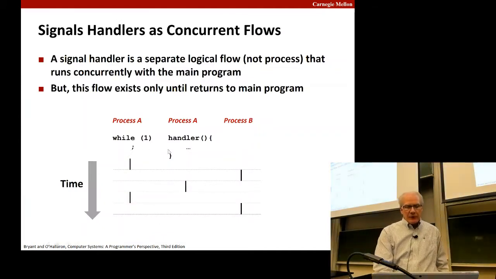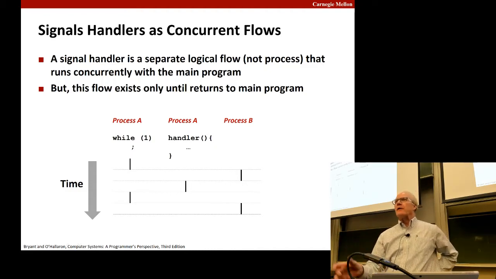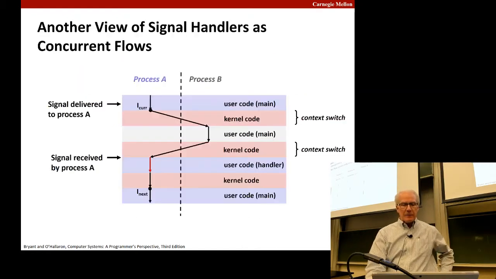So this is the slide I wanted to show. An important thing to recognize is we talked before about this idea of concurrency, meaning that you're interleaving the execution of multiple functions. But the main point is that the handler is considered part of the same process. It's not a separate process to handle a signal. And so it has access to all the same global variables and stuff that the main program does.